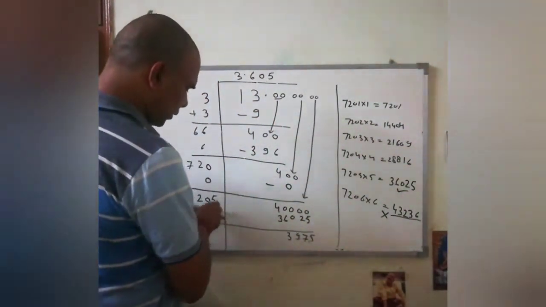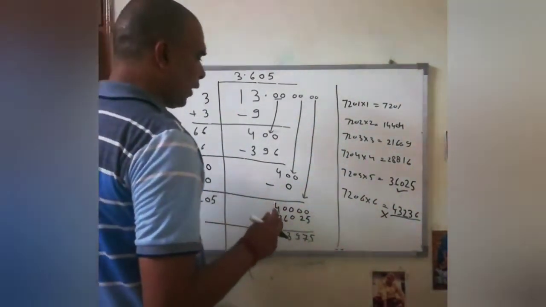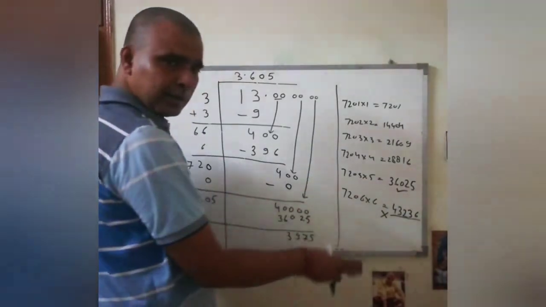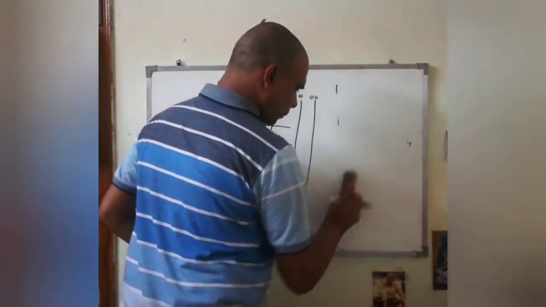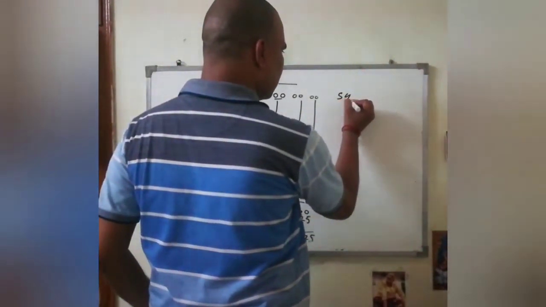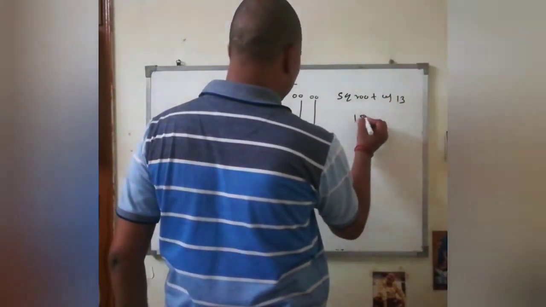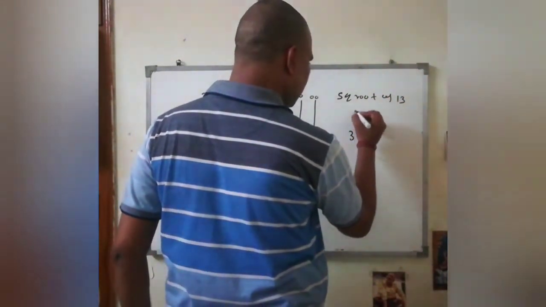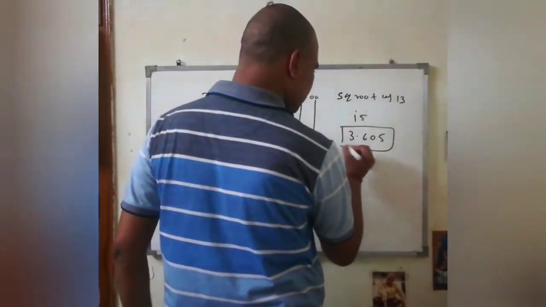This number is less than this. So our calculation is correct. So our final answer is, can I rub it? Okay. So our final answer is the square root of 13 is 3.605.